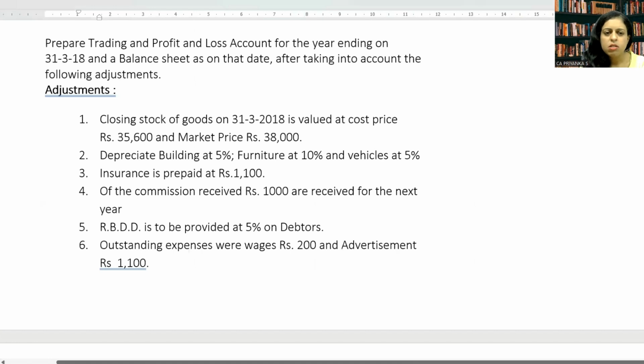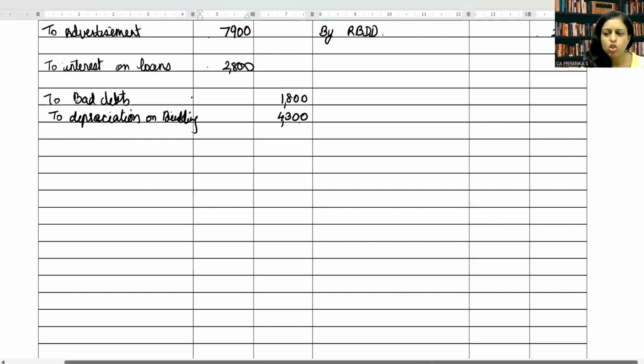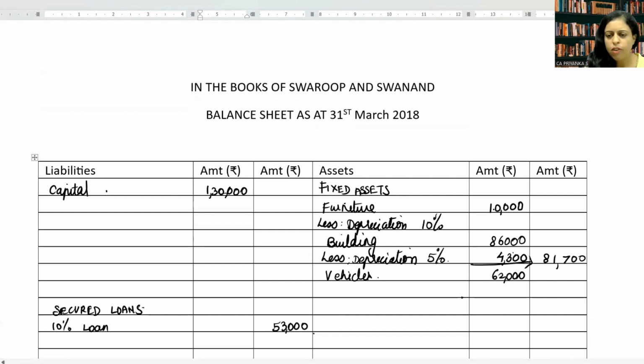Next one is furniture. Same way, I'm going to give the effect of furniture, 10% depreciation on furniture, two effects. One effect, reduce from furniture, less depreciation, 10%. So 10% of what value? 10,000 becomes 1,000.